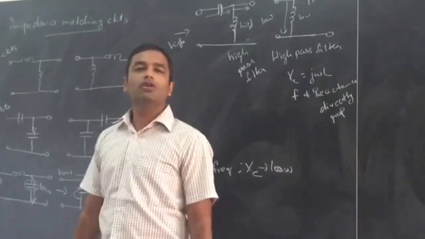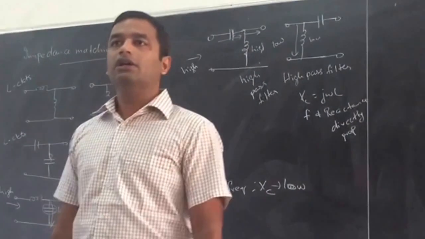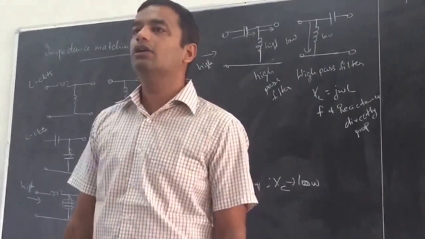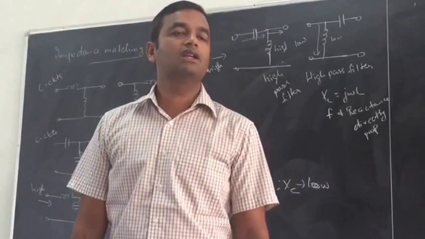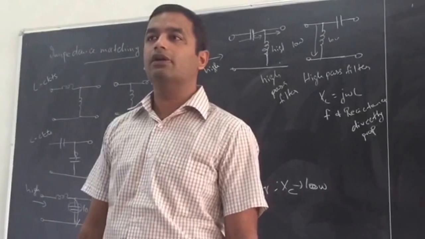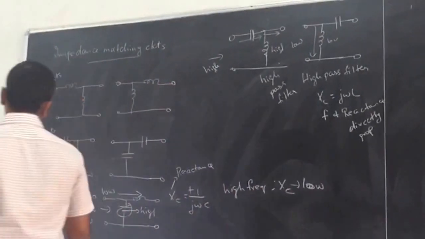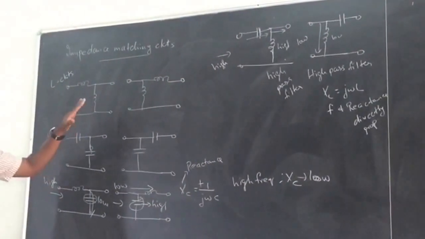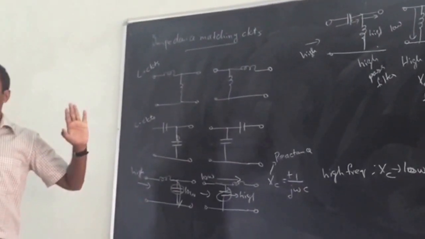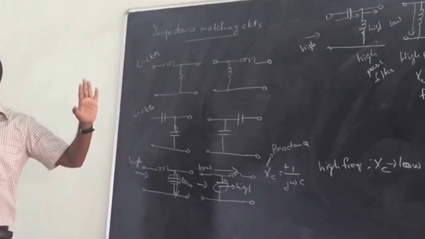Whenever you have a capacitance which is grounded, all your high frequency signals will get grounded. That's why we call it a low pass filter. So these are the different types of LC combinations that are possible.